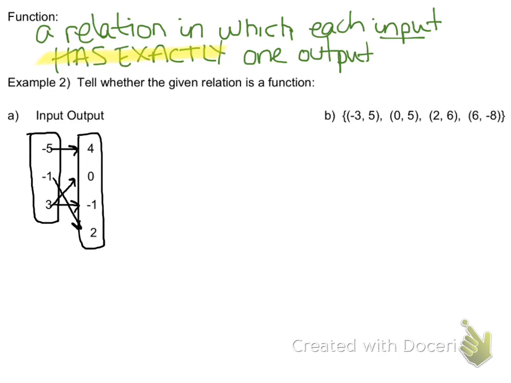Now a function is a special kind of relation in which each input has exactly one output. What this means is basically that your x-coordinates cannot repeat. So if we look at our first example, tell whether the given relation is a function, we can see that because 3 is mapped to 0 and -1, this is not a function.